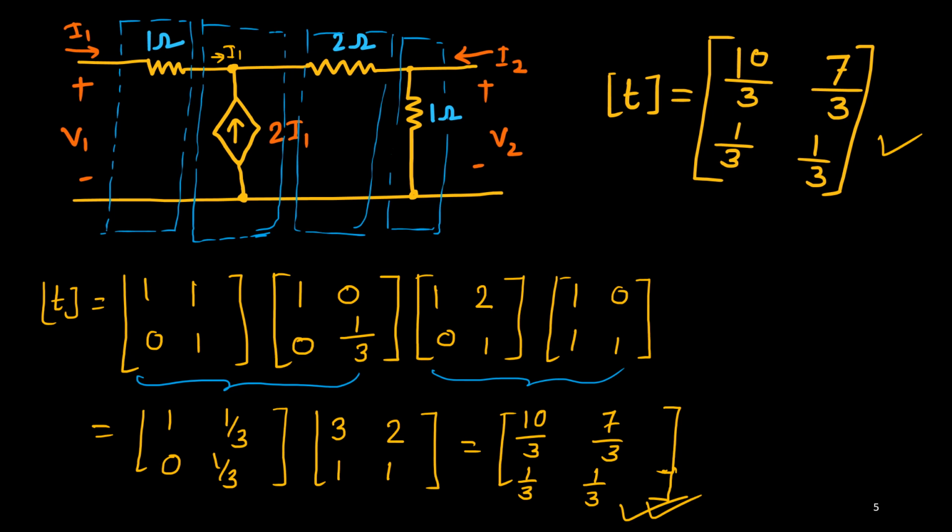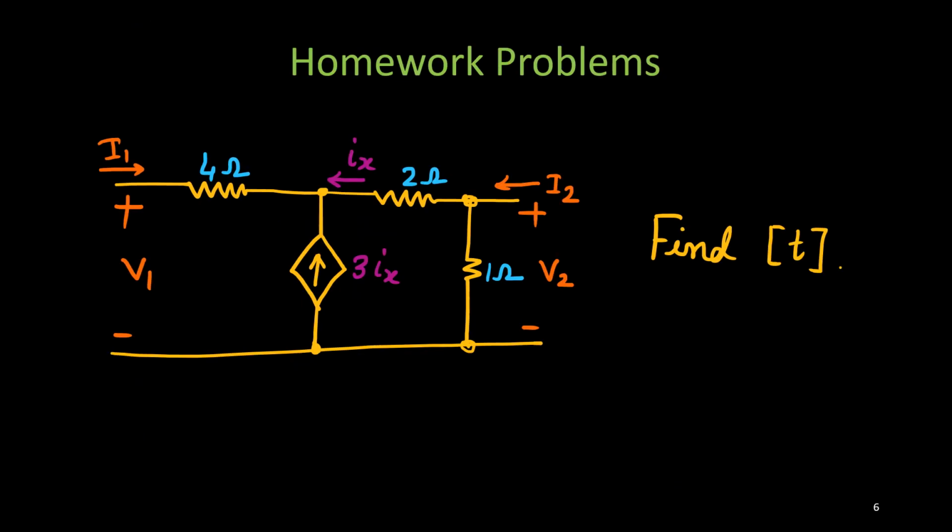Right. Now, I'll give you a small homework problem. This one. Can you solve this one? So in this case, I have considered this is your Ix, this is your dependent source 3 times Ix. So can you solve it?